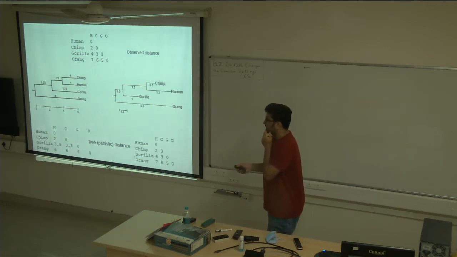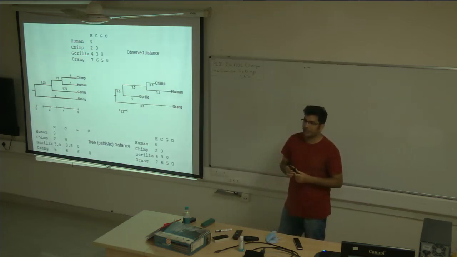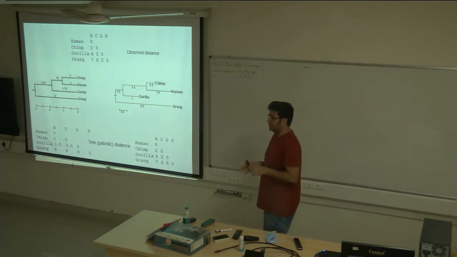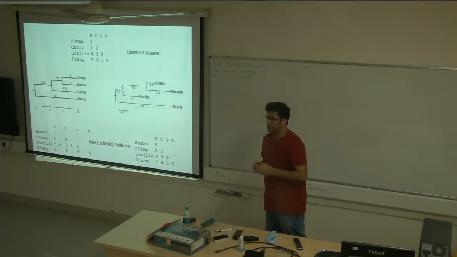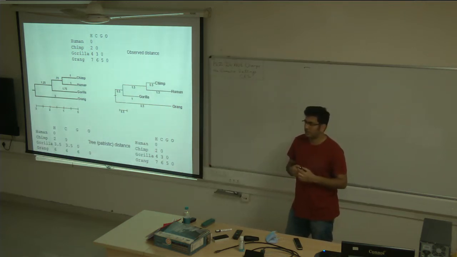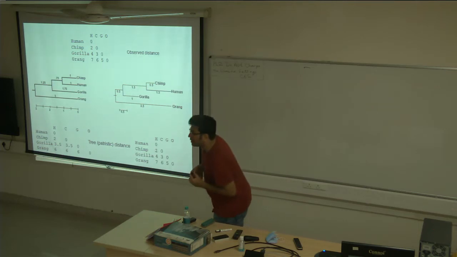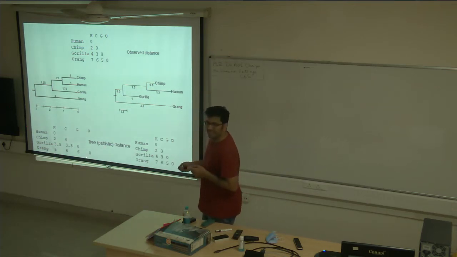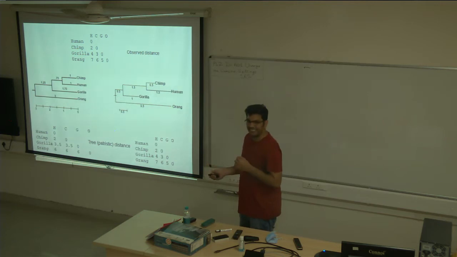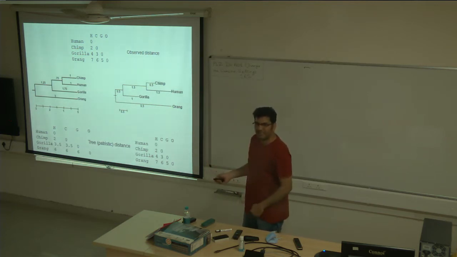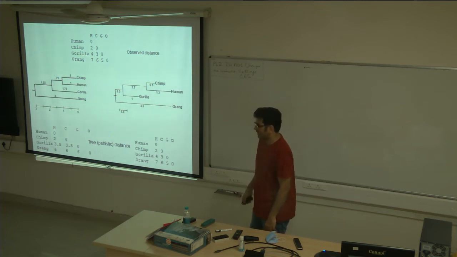Are there any questions till this point between neighbor joining and UPGMA? It's patristic. Praveen, is there a spelling mistake here? It says patristic. Basically, tree distance. Yeah, tree distance.